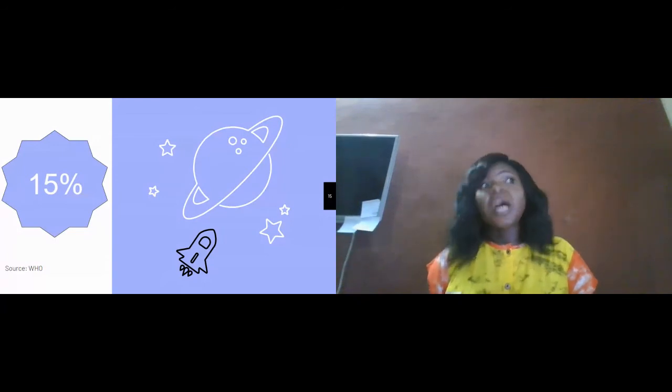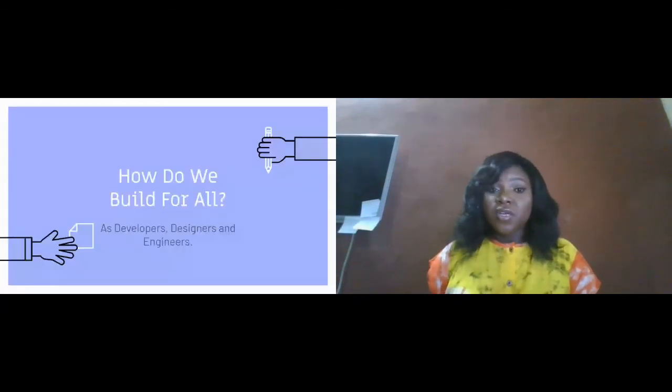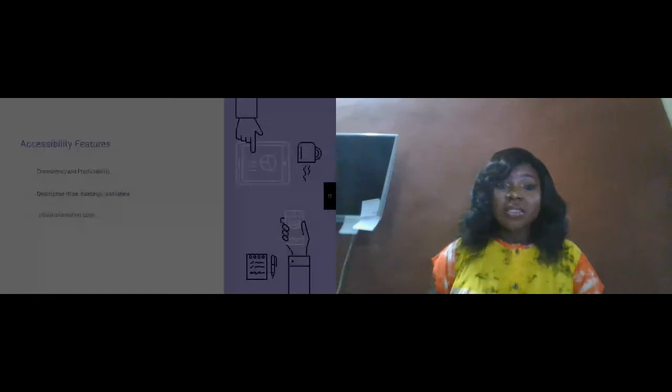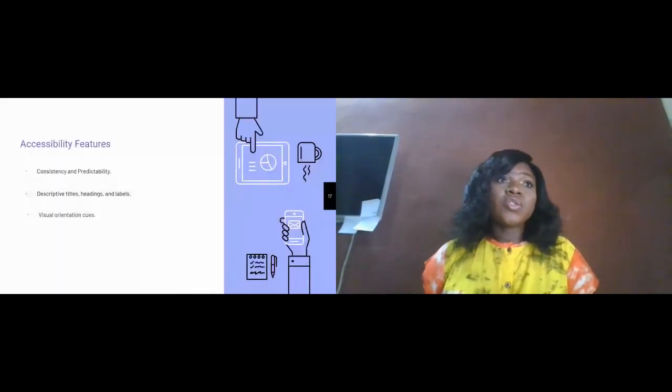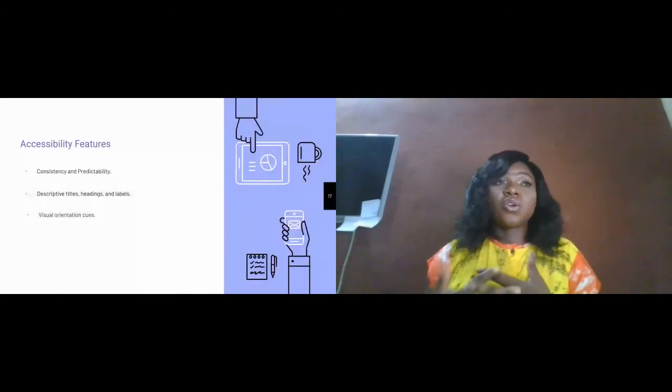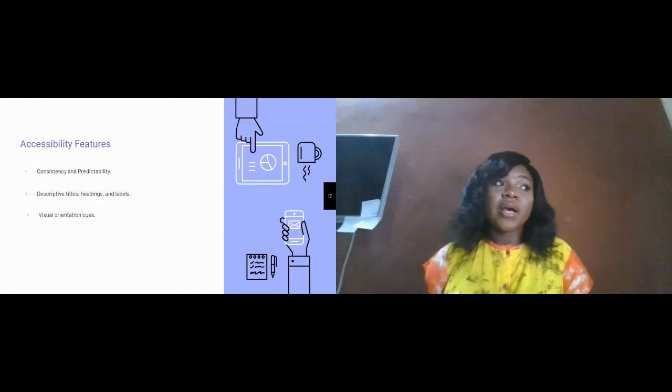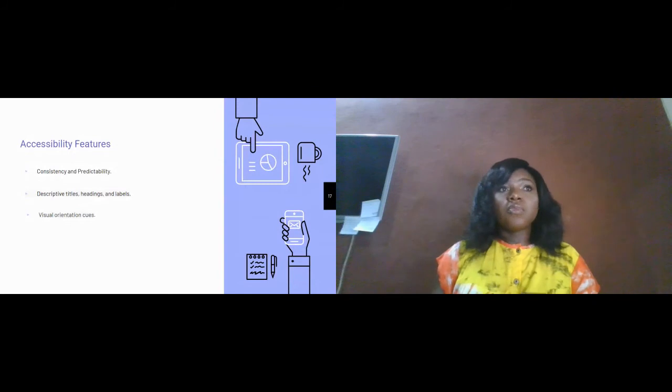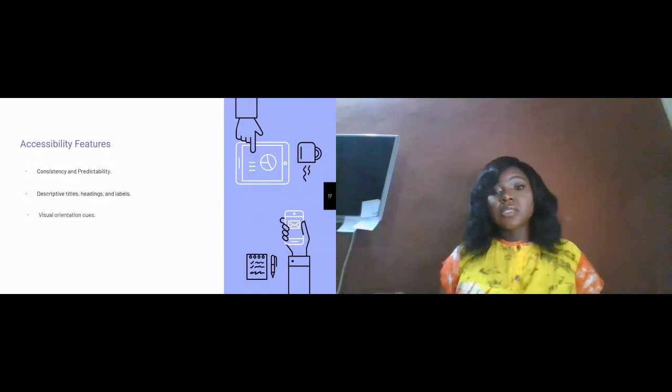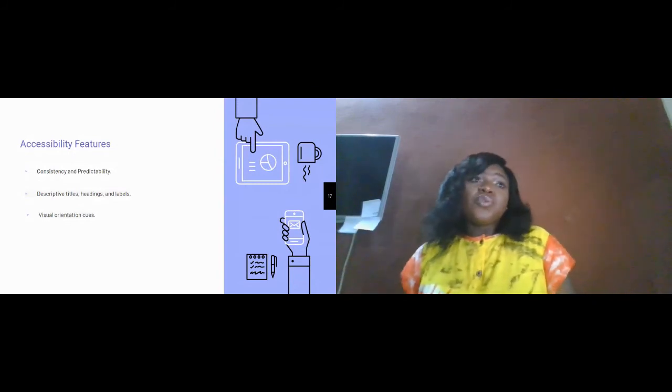So the question is, how do we actually build for everyone? As developers, designers, engineers, product owners, CTOs, CEOs, how do we do that? There are some features, best practices, or things to look out for when we are building products.